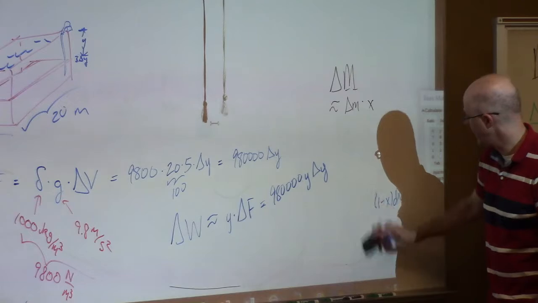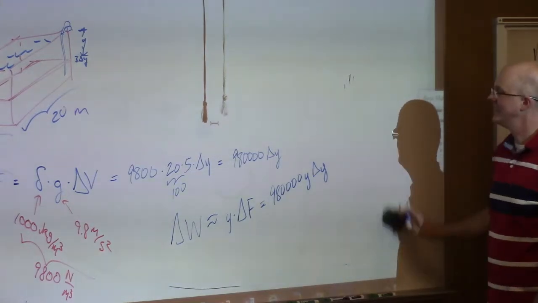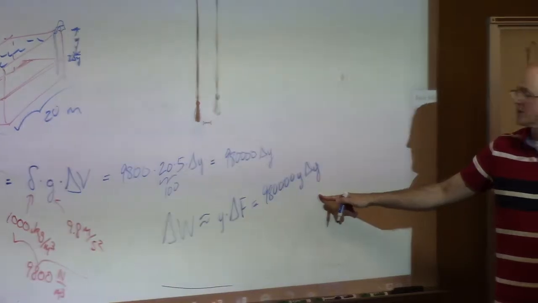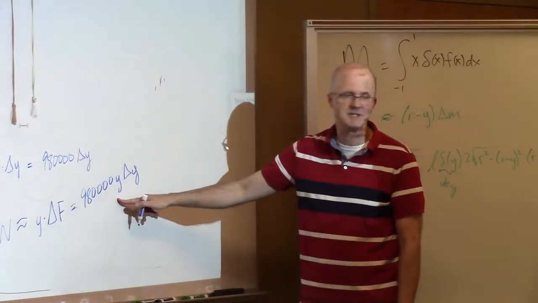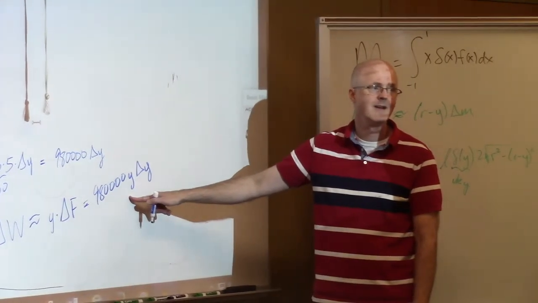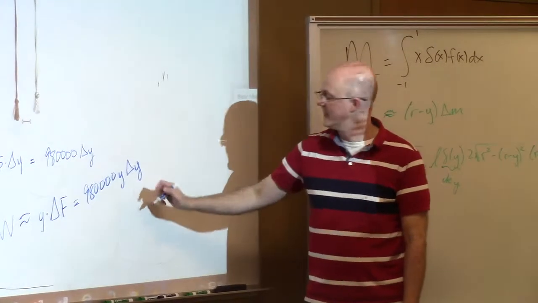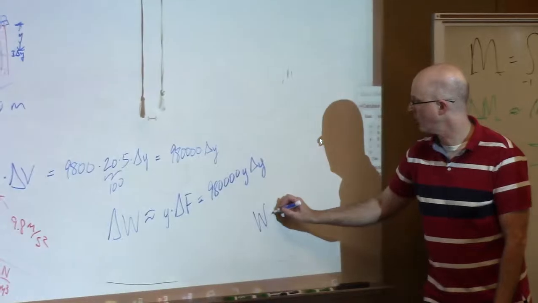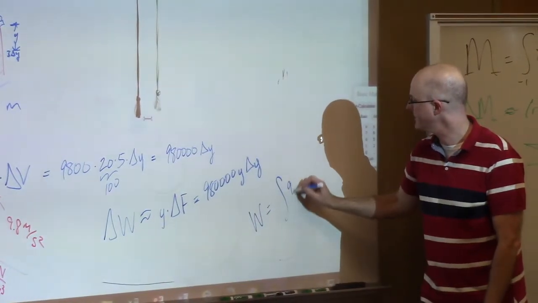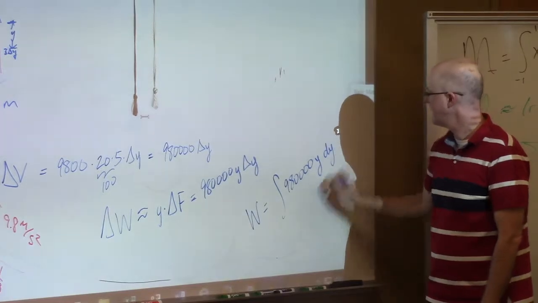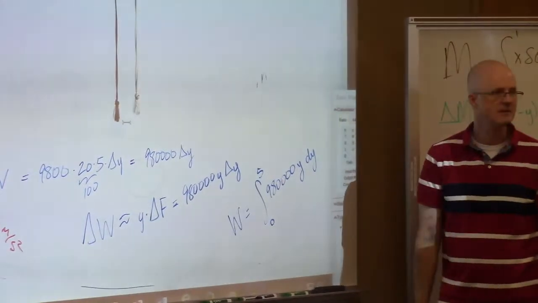The total work done is approximately the sum of things like this, which will look like a Riemann sum for the function 980,000 times y. In the limit as delta y goes to 0, it will be an integral. The total work is the integral of 980,000 y as y goes from 0 to 5. The height of the pool there is 5.